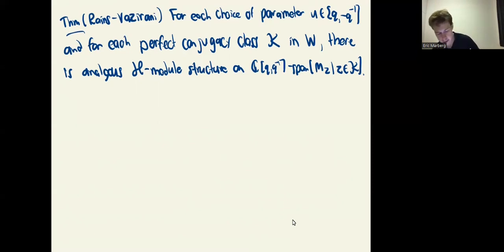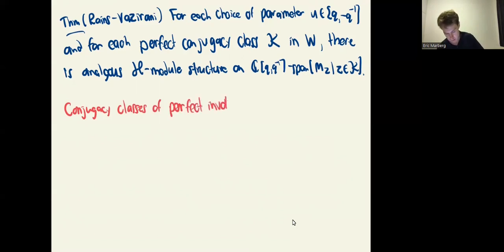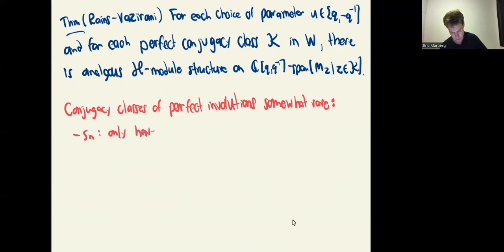Okay, so this almost gives us some ingredients to try to attempt a Hecke algebra version of an involution model construction. The problem we run into, though, is that conjugacy classes of perfect involutions are fairly rare. So in Sn, we only have the identity element and fixed point free involutions.